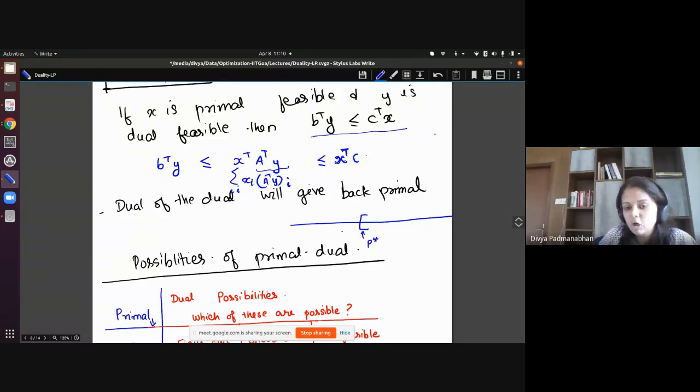What I'm writing on this line is the objective values taken by the feasible solutions. Primal feasible points will take an objective here, and this is the set of all possible values that the dual feasible solutions will take. So d star will be somewhere here.